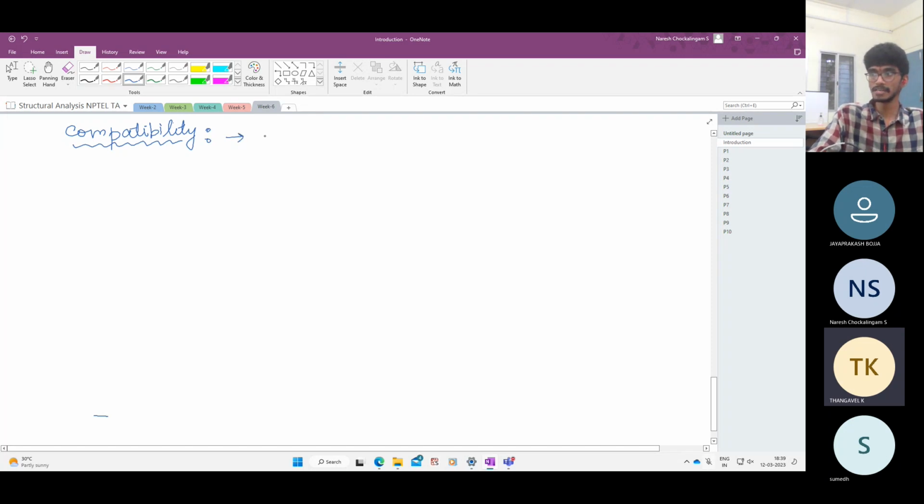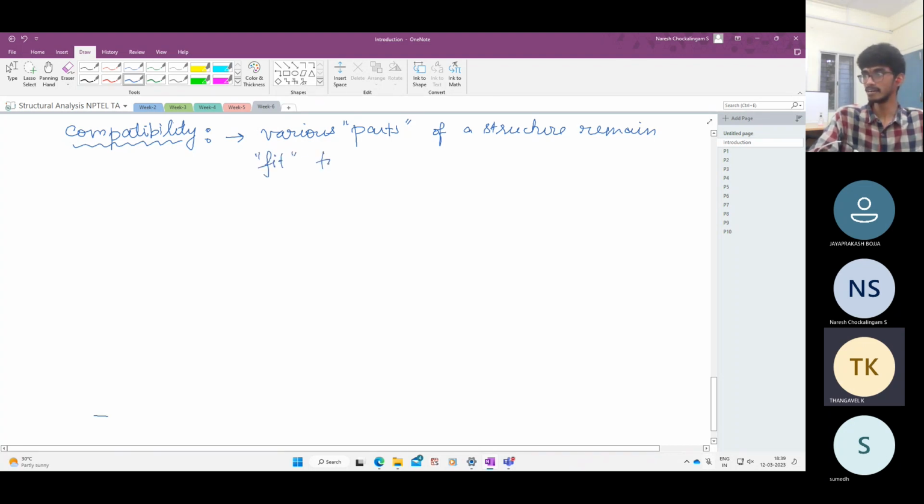So what is compatibility? It is very simple. It means the various parts of a structure remain fit together, right?